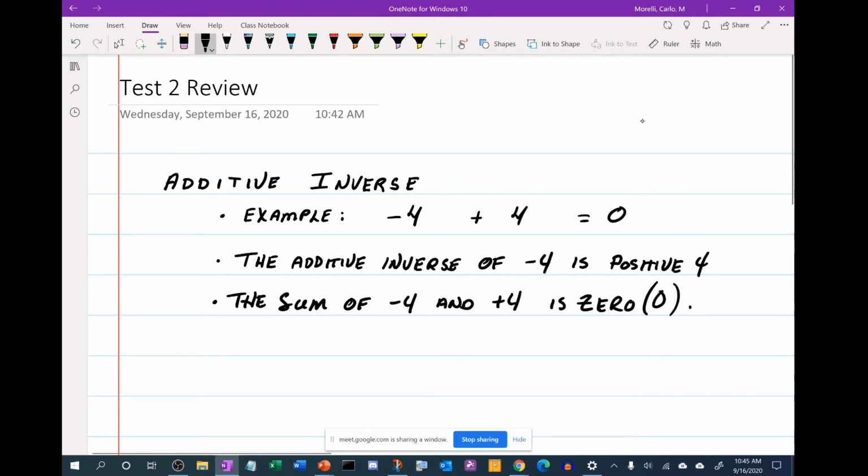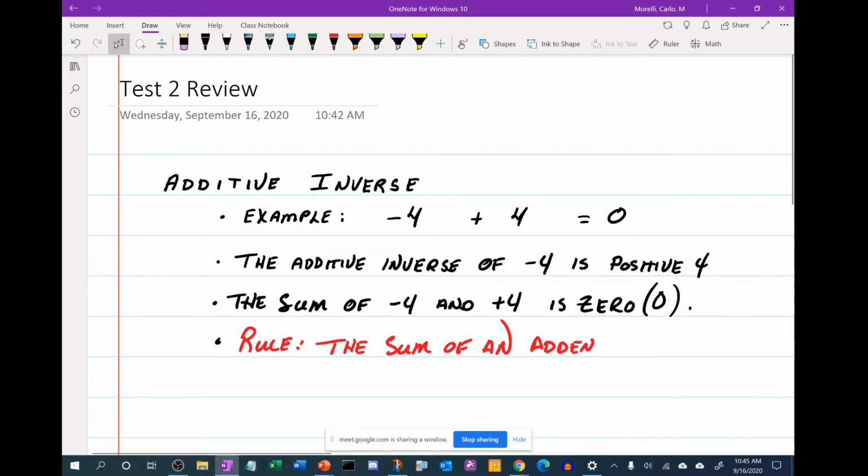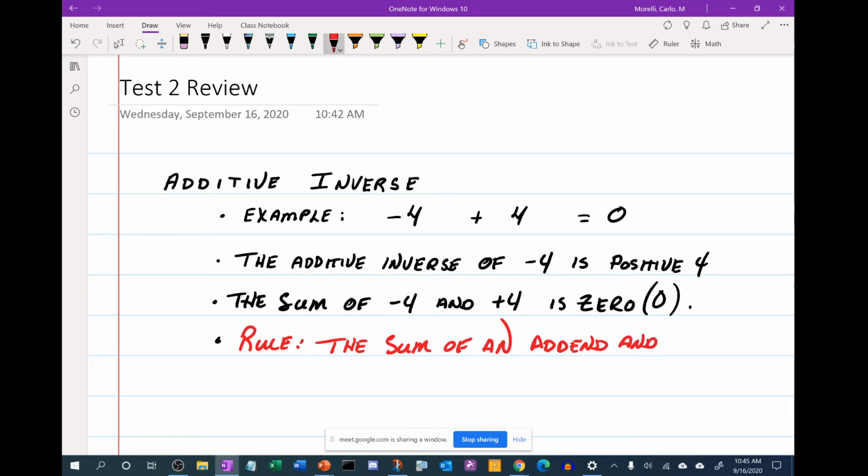So here's the rule. The sum of an addend and its inverse, its additive inverse, is always 0.